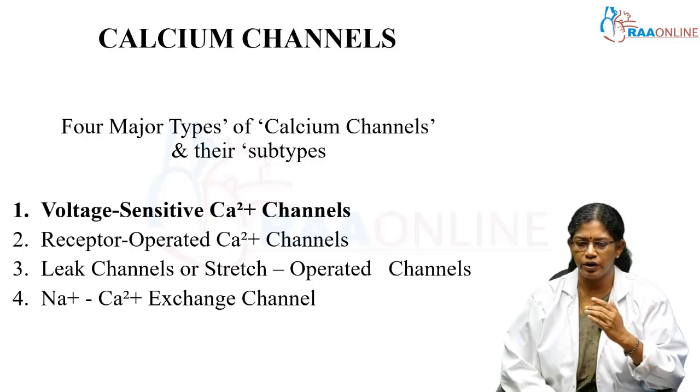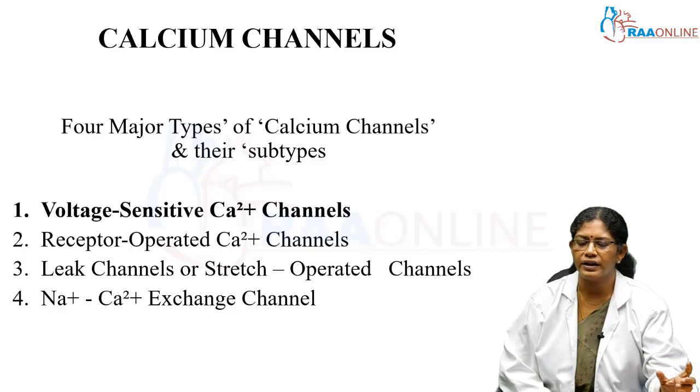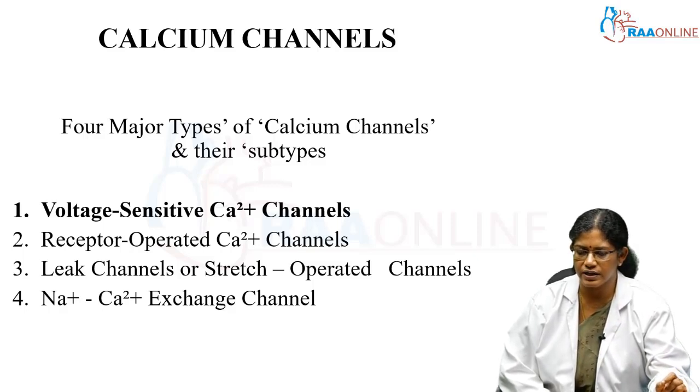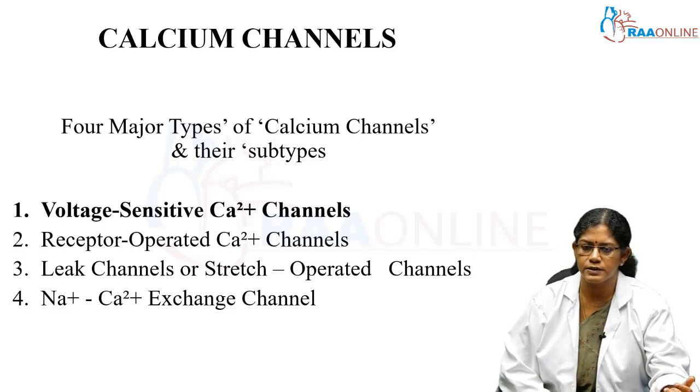When it goes beyond 40 millivolts, these channels get stimulated and increase the contraction of the muscle. So they are called voltage sensitive calcium channels. They depend upon the change in voltage, and when the voltage is reduced, these calcium channels get activated.